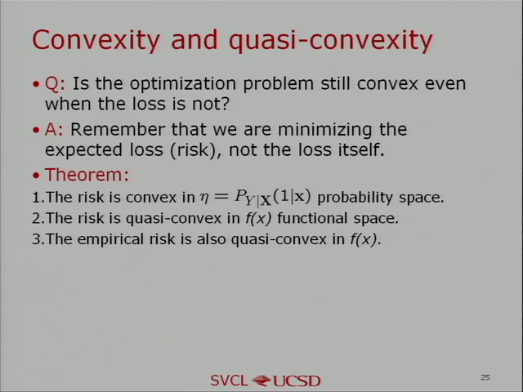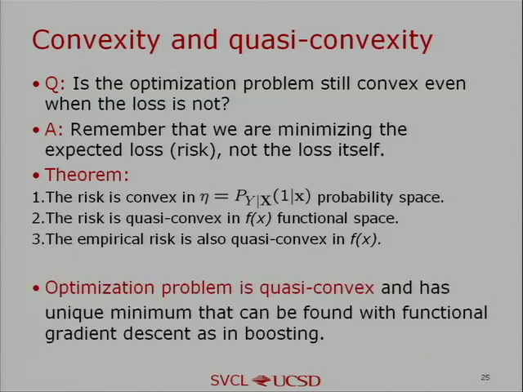And also, more importantly for practice, the empirical risk is also quasi-convex in functional space. So in conclusion, we can say that the optimization problem is quasi-convex and has a unique minimum that can be found with functional gradient descent, such as boosting, even though the loss function is not necessarily convex.